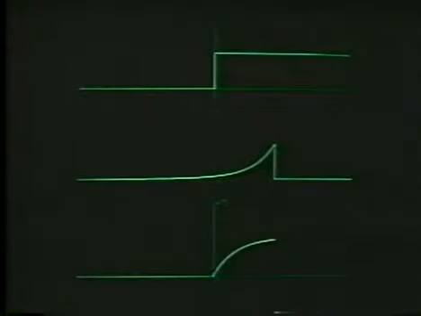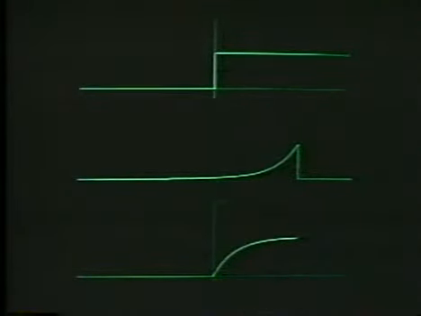And so the result of the convolution will be a monotonically increasing function for this particular example, which asymptotically approaches a constant, and that constant will be proportional to the area under the impulse response because of the fact that we're convolving with a step input.